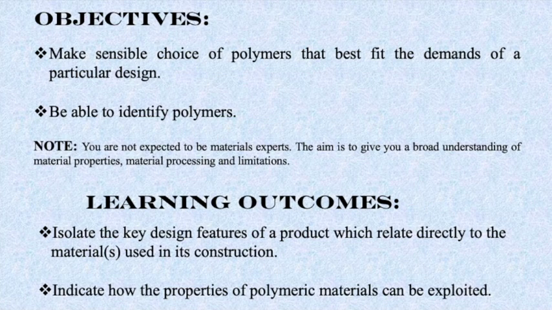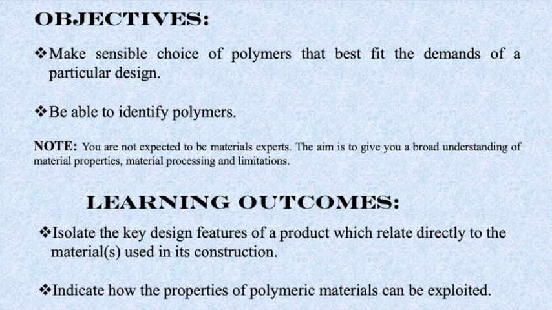So the objective is for you to be able to make sensible choice of materials. You are not expected to be experts in material, but the aim is to give you a broader understanding of material properties, the processing techniques and limitations. The learning outcome at the end of this would be for you to be able to isolate the key design features of a product which relate directly to materials.